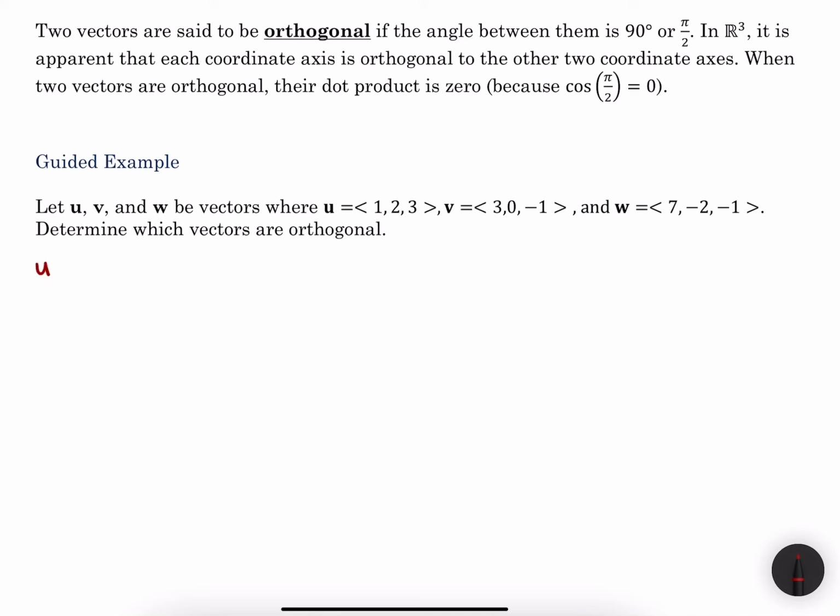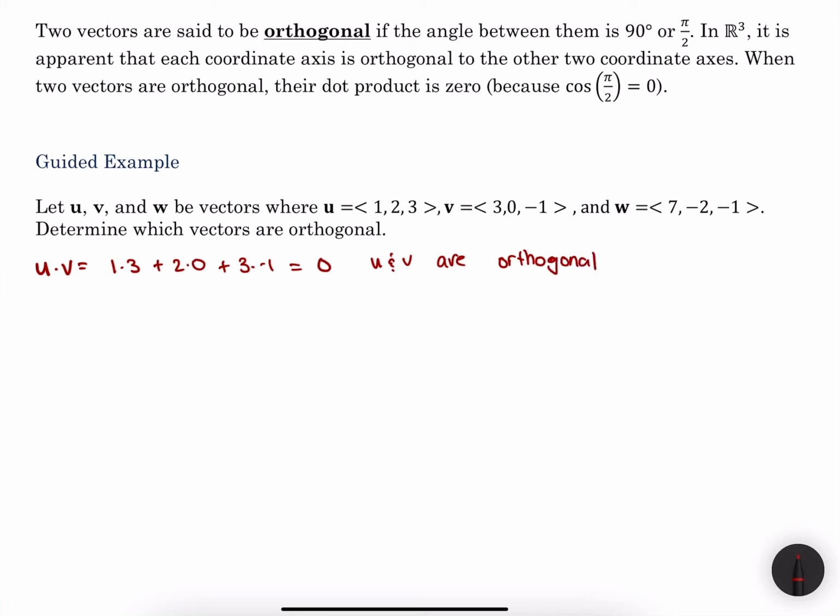So the product u times v, we might be quick at doing this now: 1 times 3 plus 2 times 0 plus 3 times negative 1. We get 3 plus 0 minus 3, so that's 0. So u and v are orthogonal. Tricky word to spell, orthogonal.